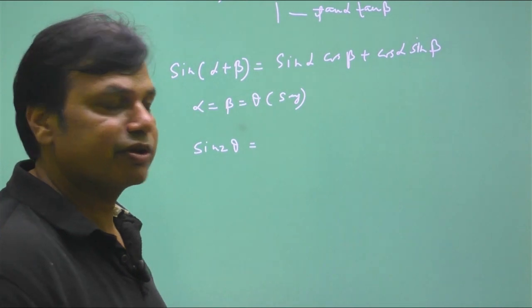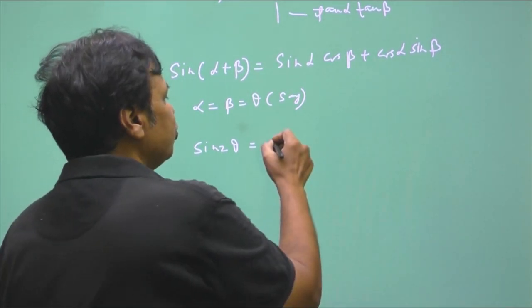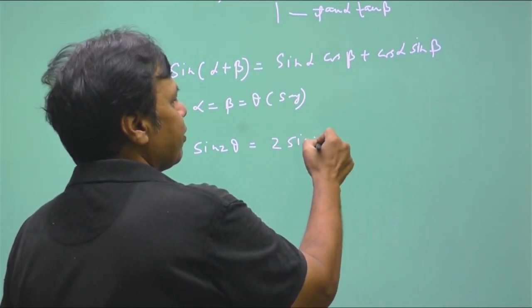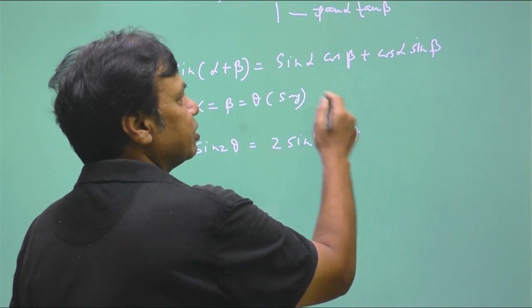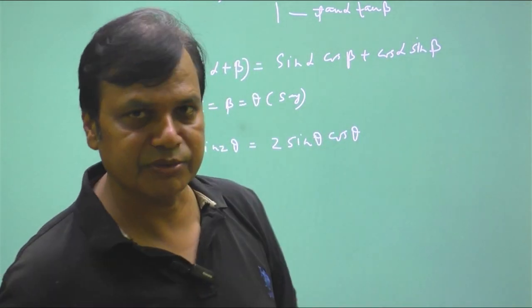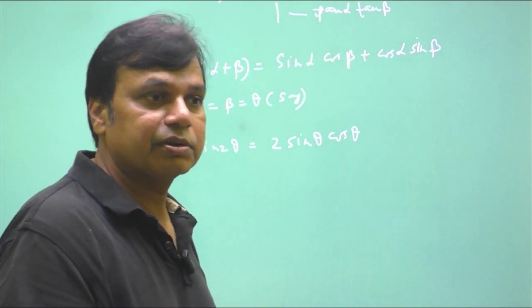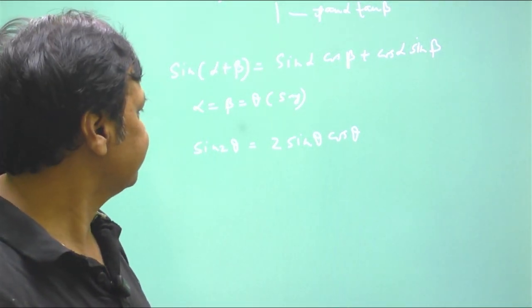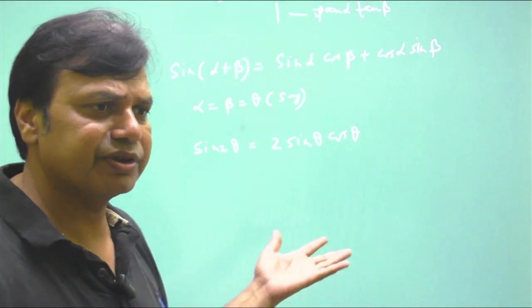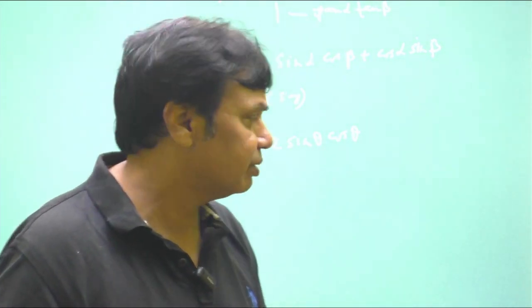The right hand side will be simply 2 sin theta multiplied by cos theta. Alpha and beta both become equal. You can use it in many ways.